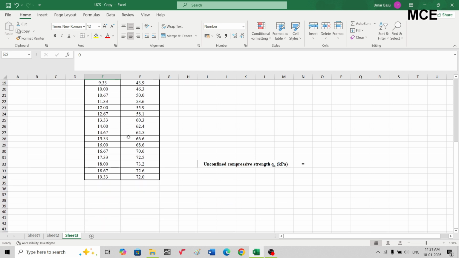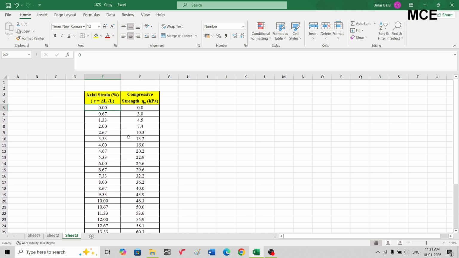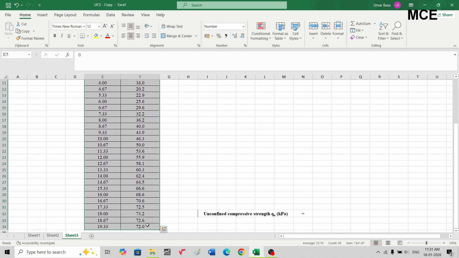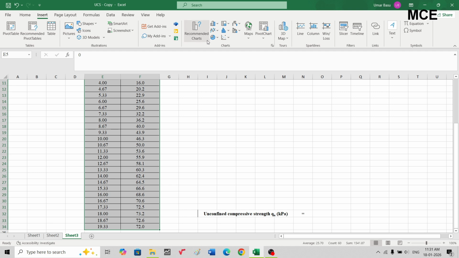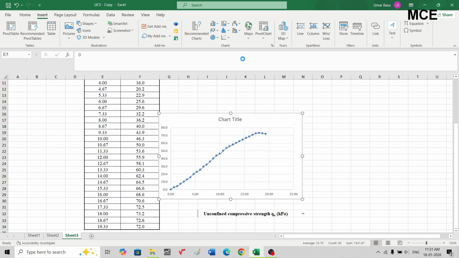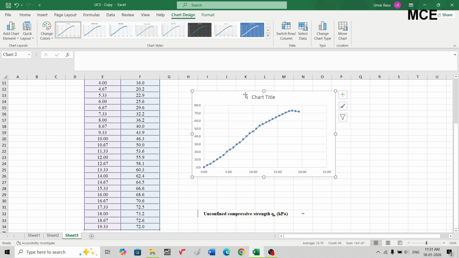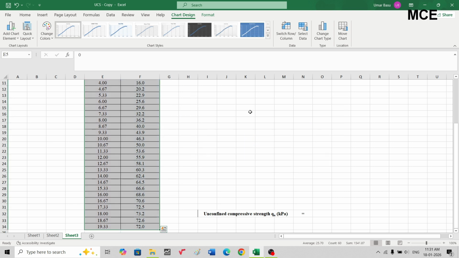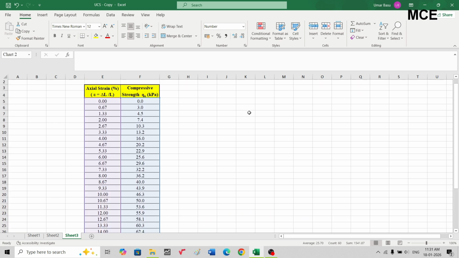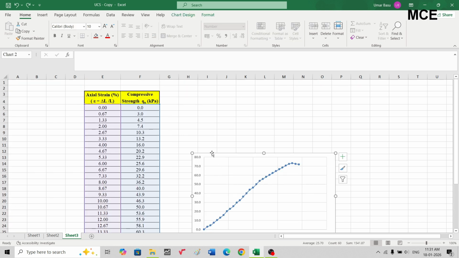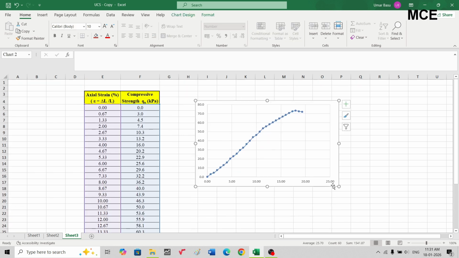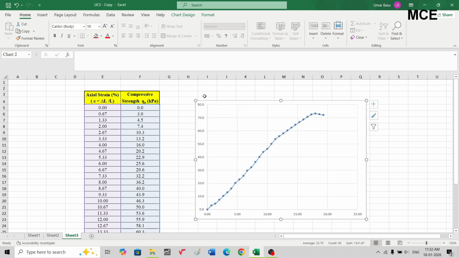After that, select these values, click on insert, go to the charts, and select scatter with smooth lines and markers. Let's take the chart here, delete the chart title.